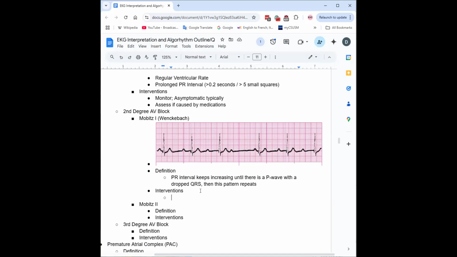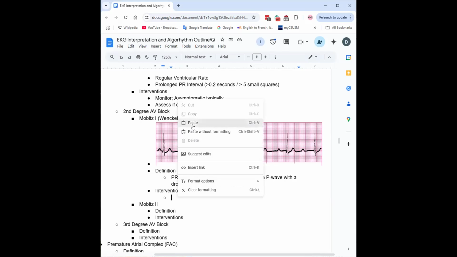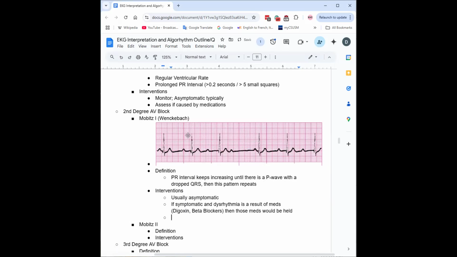If it's a result of a medication, then discontinuing it, if they're symptomatic, is definitely a good idea. Typically it can be asymptomatic, but when they are symptomatic, what does this lead to? We see this dropped QRS. What can you imagine happening with the heart rate? Ryan mentioned bradycardia.